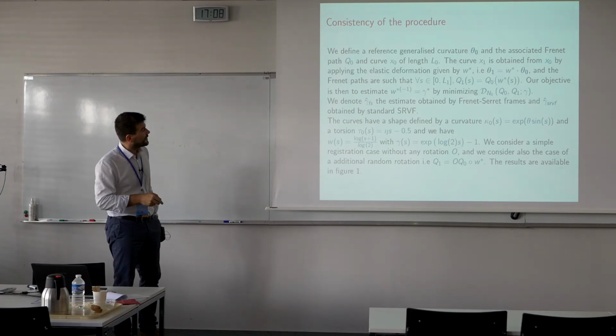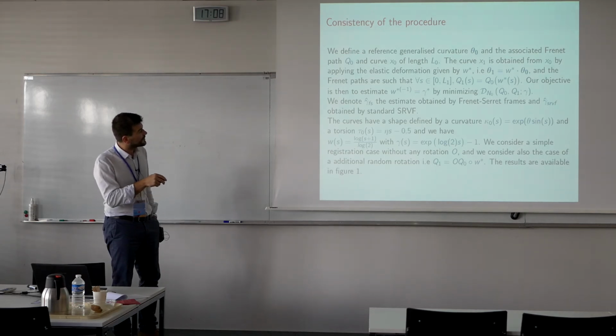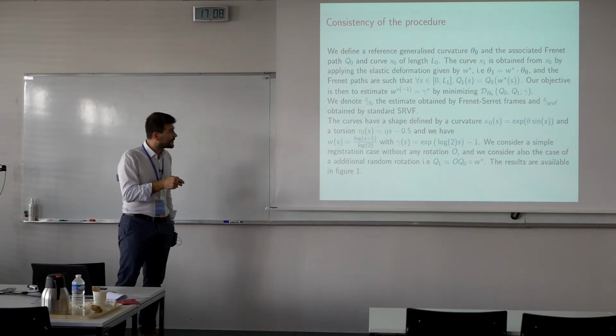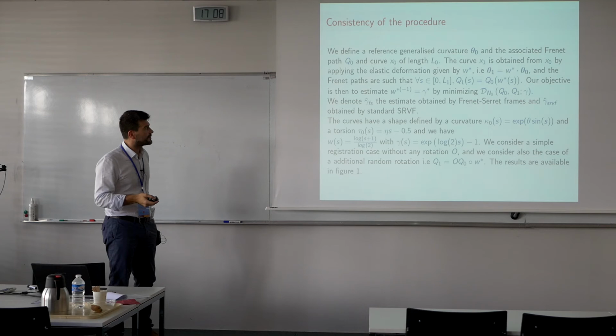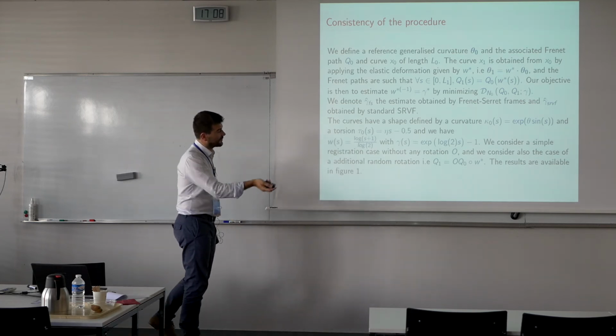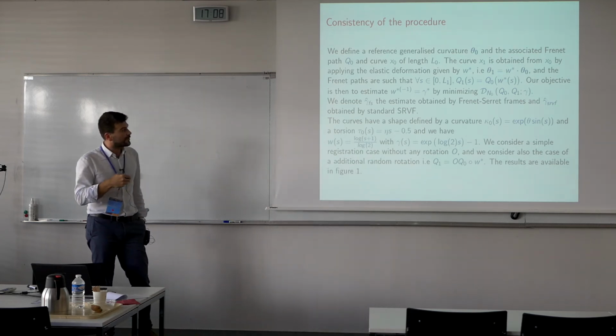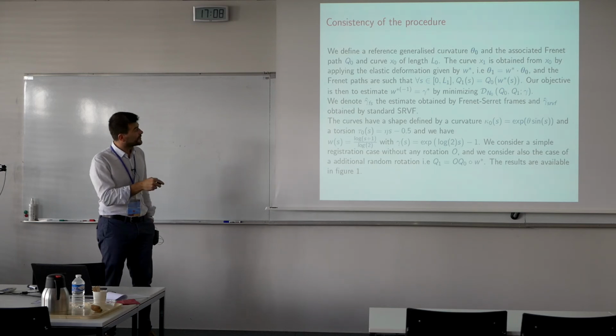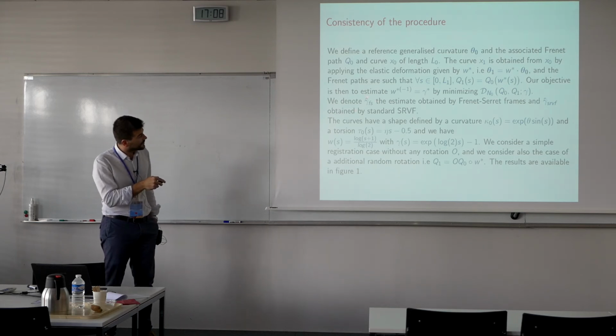Now we want to estimate the inverse, which will be our gamma star. What you want to be sure is that our gamma star, despite our approximations in the algorithm before, still provides a good estimator. We have two ways of computing it, either by the Frenet-Serret, or by the square root velocity transform.